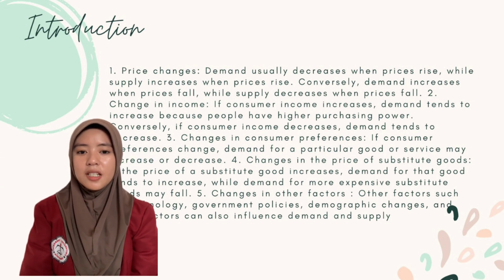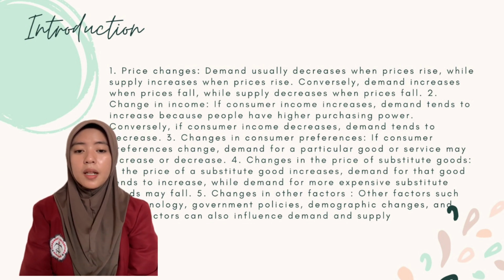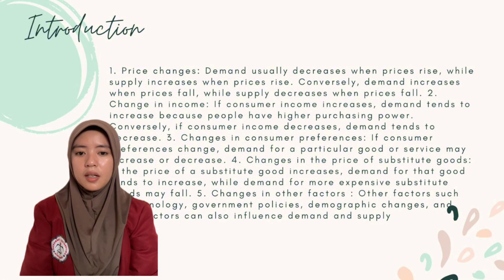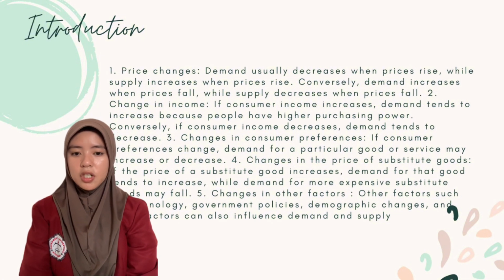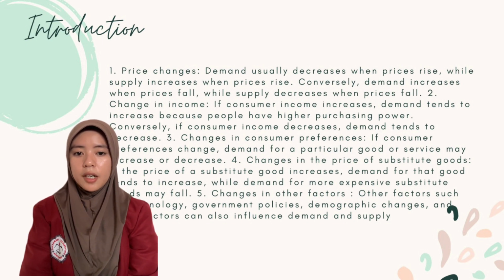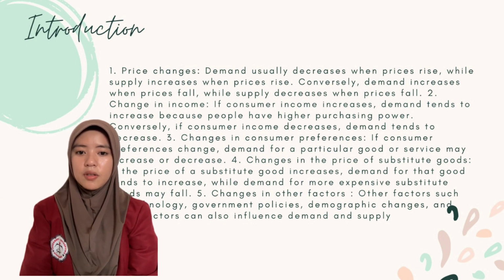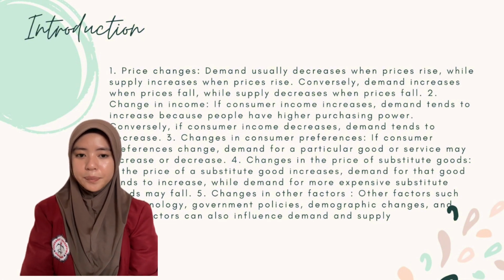The demand function shows the quantity of goods or services that consumers will buy at various price levels, while the supply function shows the quantity of goods or services that producers will offer at various price levels. The demand function usually shows a negative relationship between the price of a good and the quantity demanded.